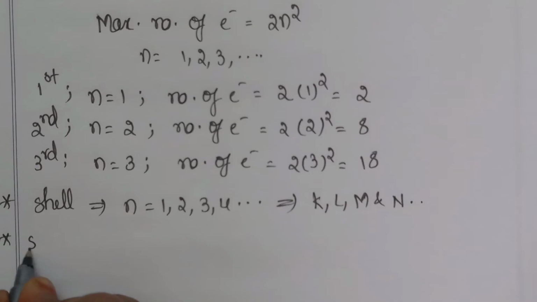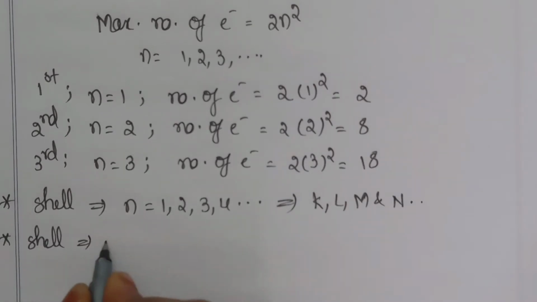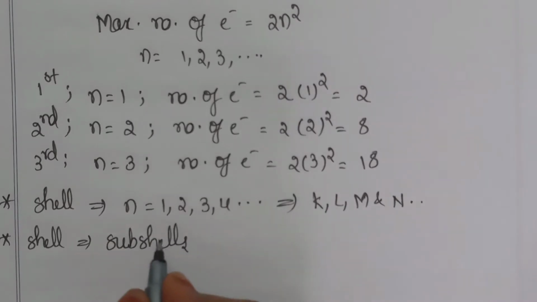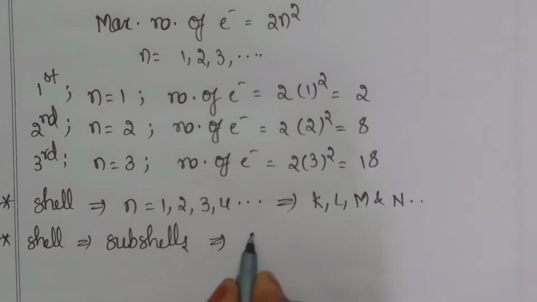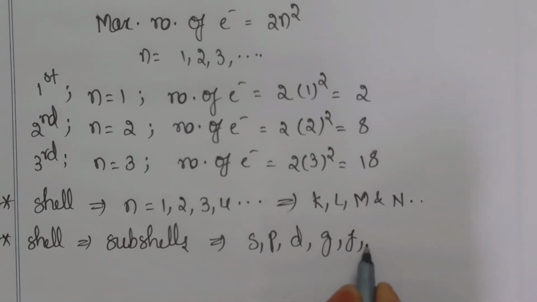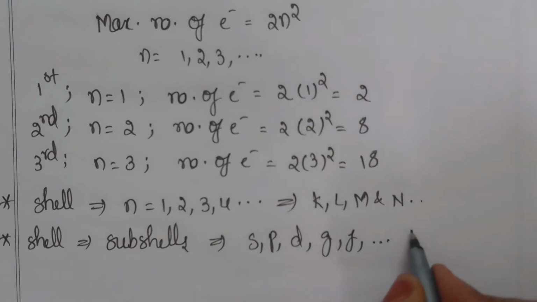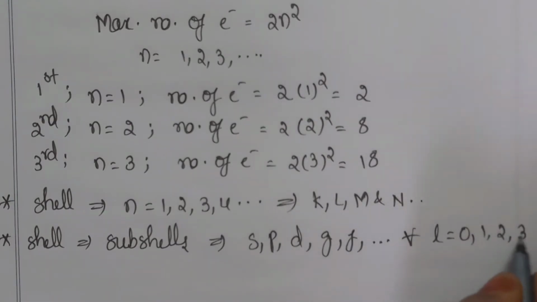These shells are further subdivided into subshells corresponding to the values of l as s, p, d, f and so on, for l equal to 0, 1, 2, 3 and so on.